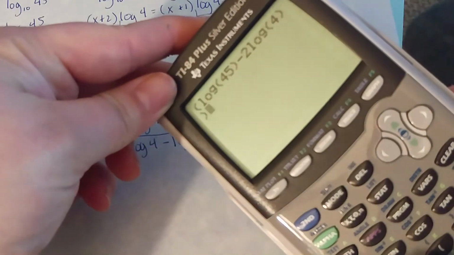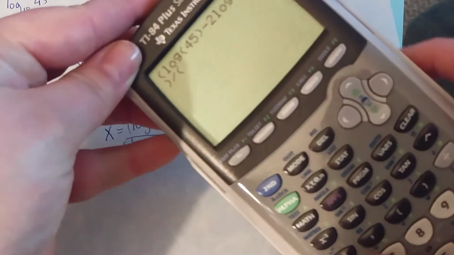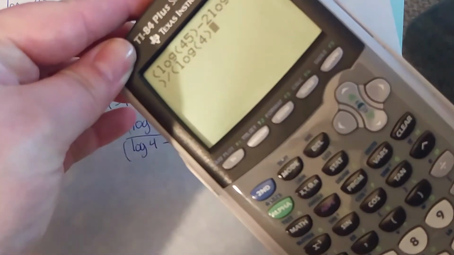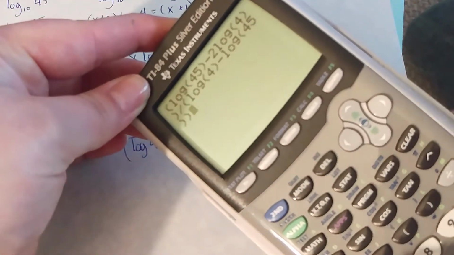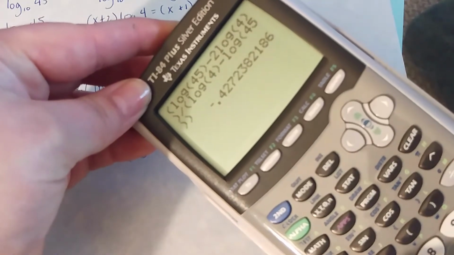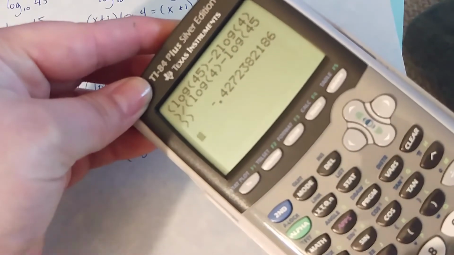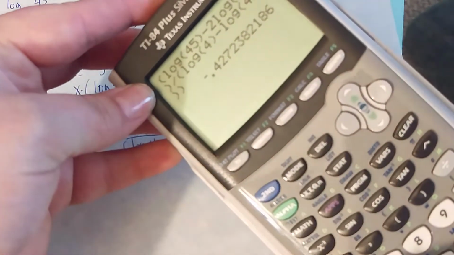Okay, so there's my numerator with parentheses. Then divide by the denominator, with parentheses. Looks messy, but it's all exact at this point. And that is as exact of an answer as we can get with decimals. So negative 0.4272.